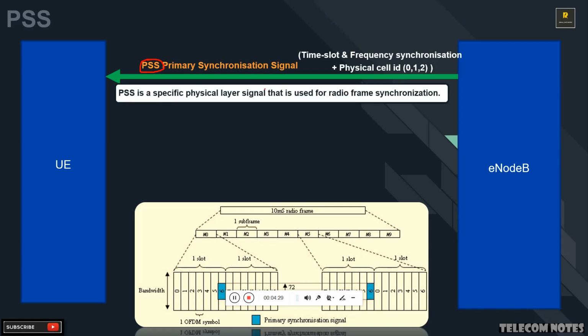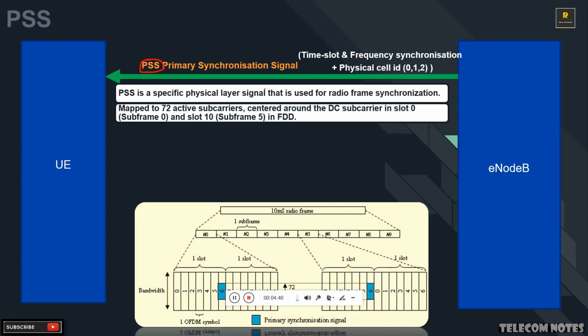So PSS is a specific physical layer signal that is used for radio frame synchronization, mapped on 72 active subcarriers centered around the DC subcarrier in slot 0, subframe 0 and slot 10, subframe 5. Here you can have a look.